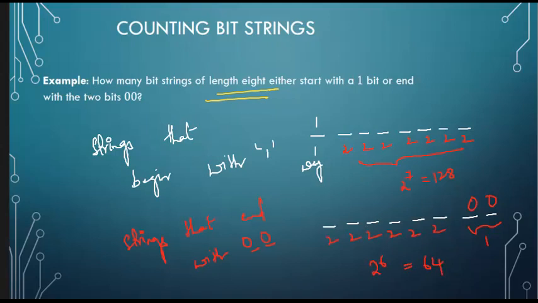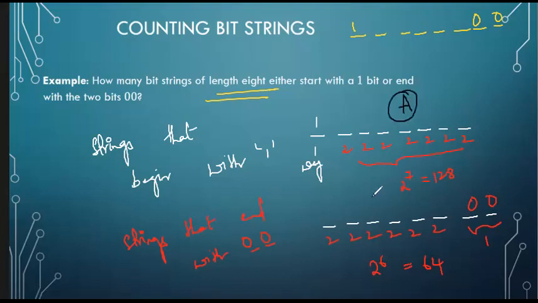Now, in both these cases you are also including the case where the string starts with 1 and ends with 2 zeros, so you are considering the common cases in both of them.